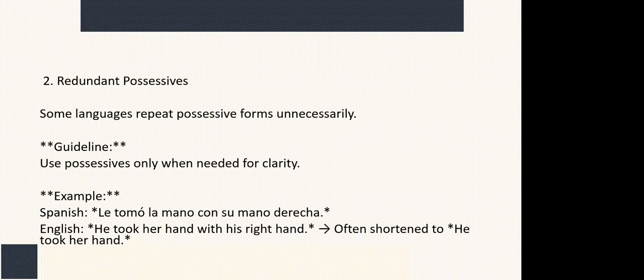He took her hand with his right hand would be a lengthy translation, shortened to he took her hand. So clarity is more important than precision or accuracy to the source language, especially if we're going from Spanish to English, right?